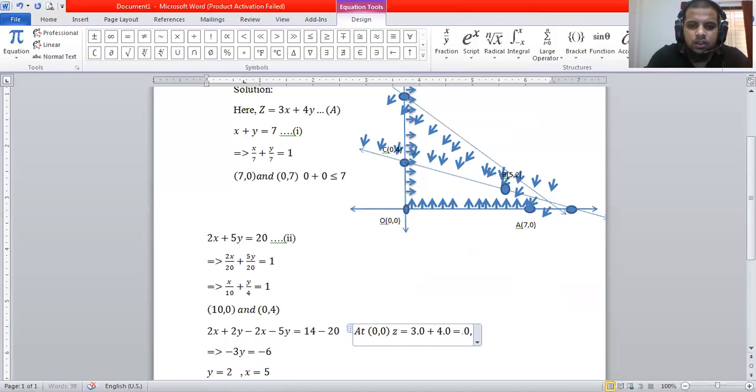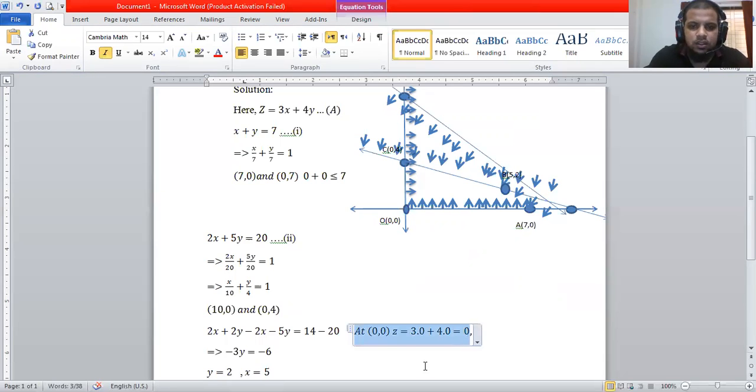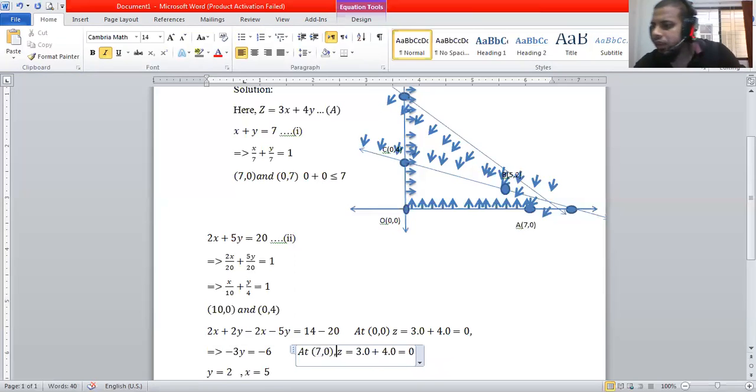Next, at 7 0, z is equal to 3 into 7 plus 4 into 0, that means it will be 21.